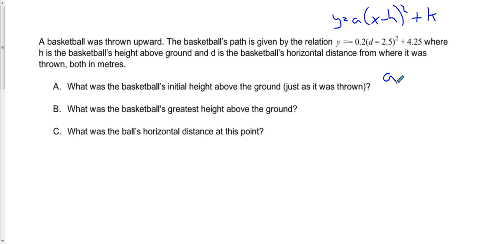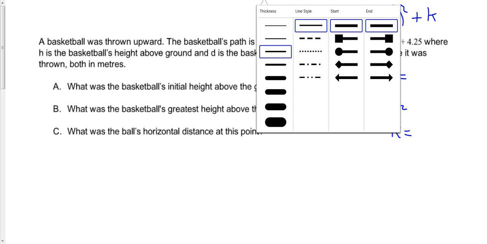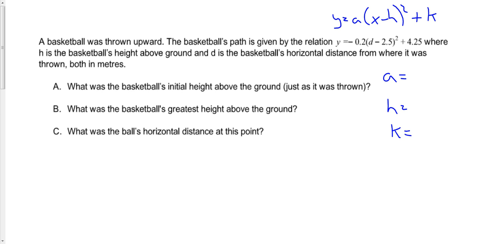So I'm going to quickly identify my a value, my h value, and finally my k value. I know from this equation that my a value is negative 0.2.